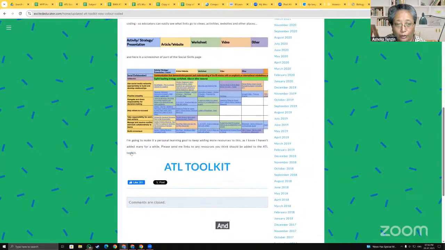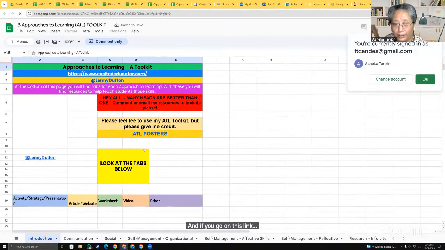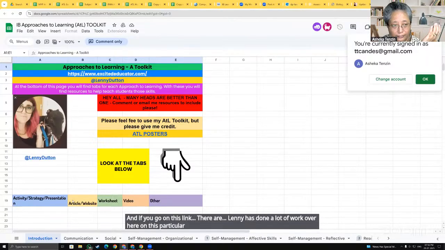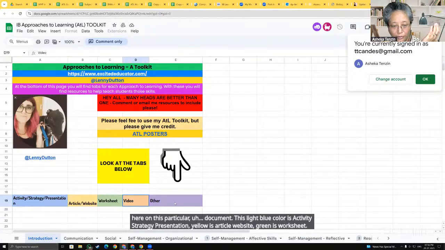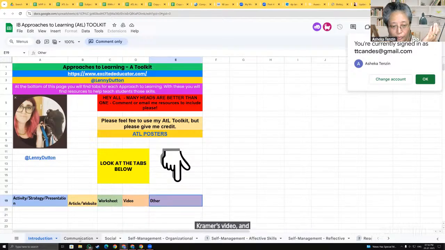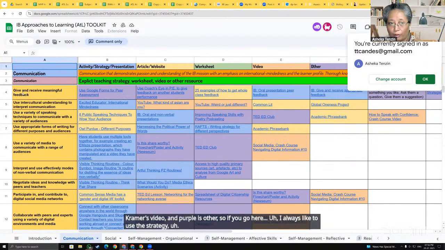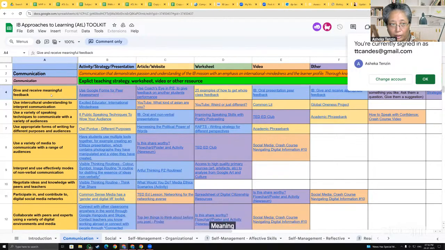If you go on this link, Lenny has done a lot of work on this document. This light blue color is activity, strategy, presentation, yellow is article, website, green is worksheet, cream is video, and purple is other. I always like to use the strategy ladder of feedback for teaching the skill of giving and receiving meaningful feedback.